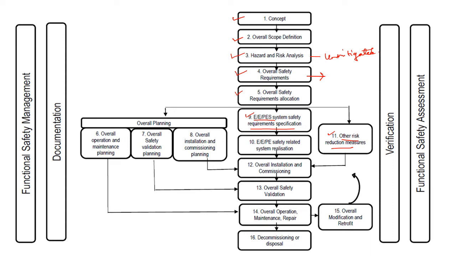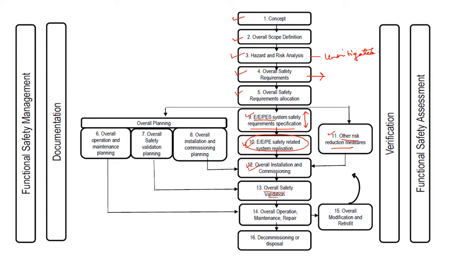Now we have the specification or SRS to build our E/E/PE system. Now we need to realize that. This is our requirement, and we have built something with the intention to meet that target. Then there will be installation and commissioning, then overall safety validation to validate whether the requirement has been fulfilled or not.